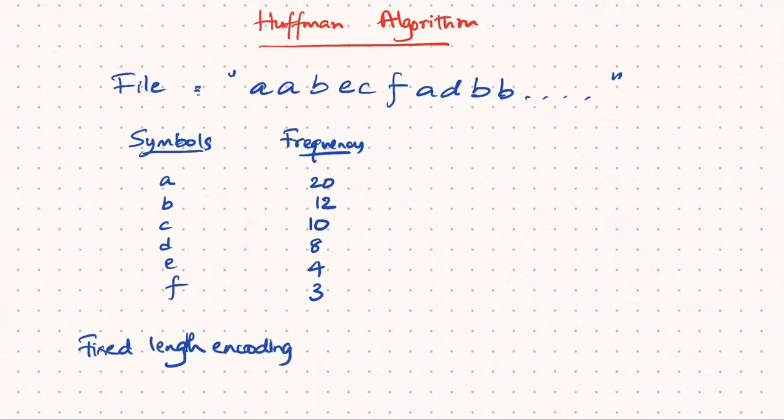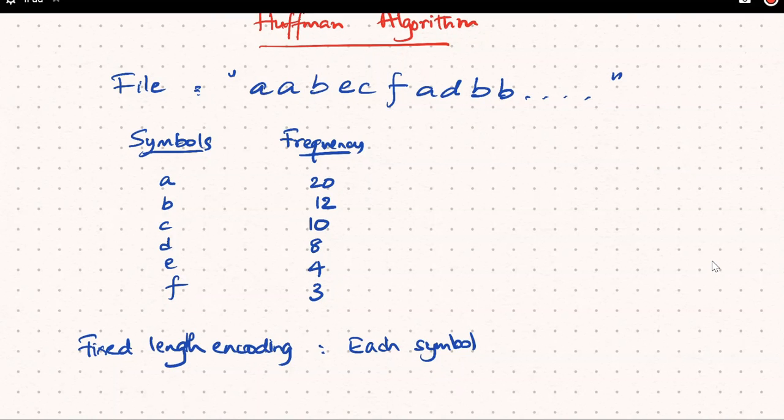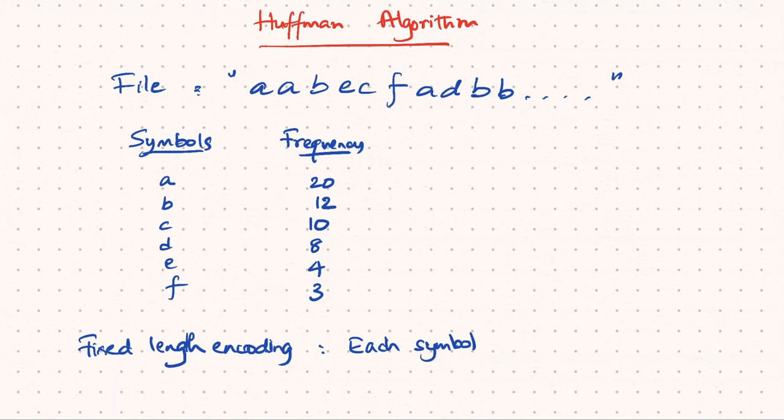In a fixed length encoding, basically each symbol uses the same number of bits.